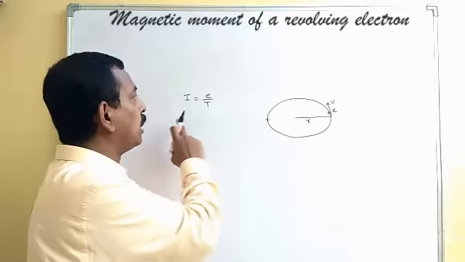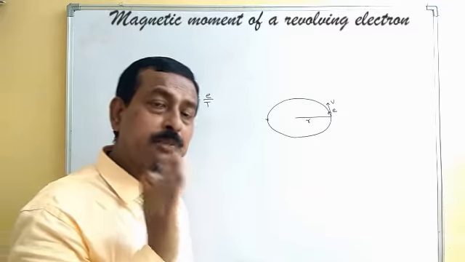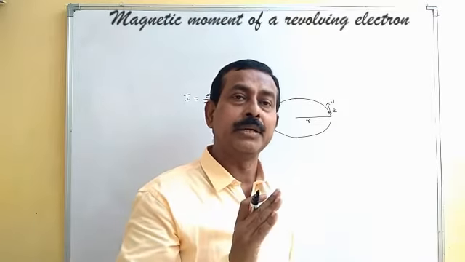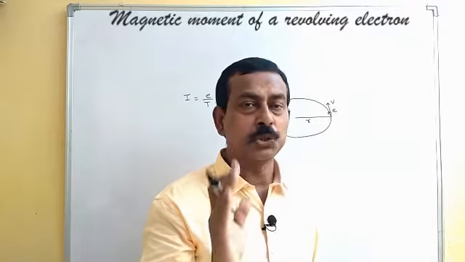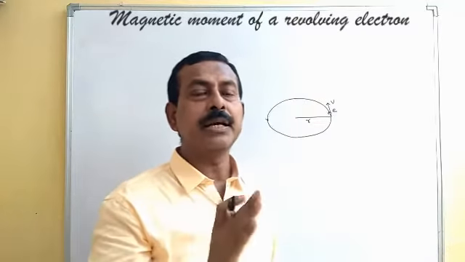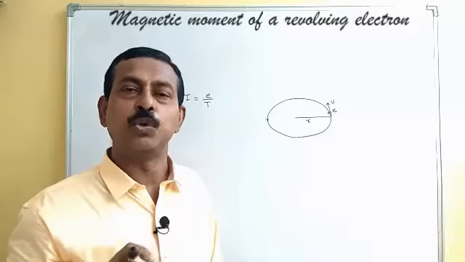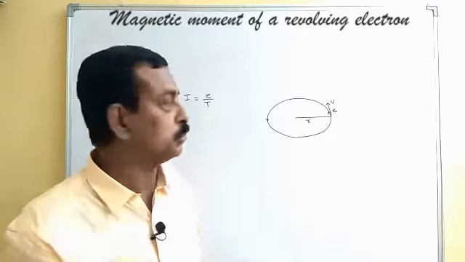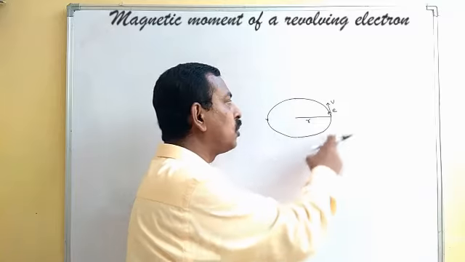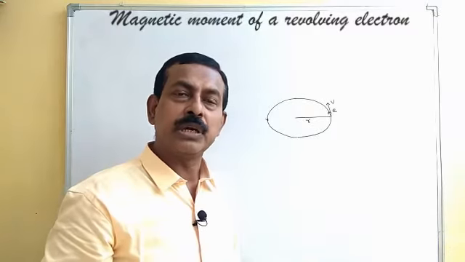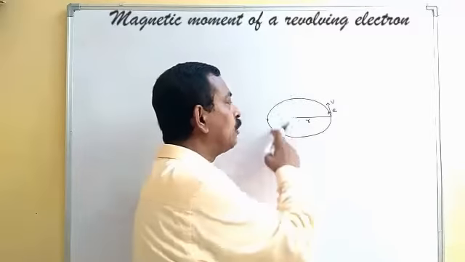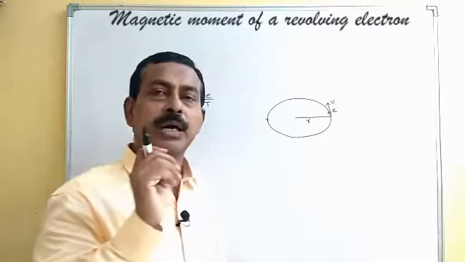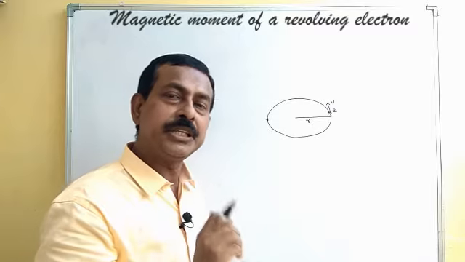Because we have taken the expression for the magnetic dipole moment associated with the current loop as I into A, which is the current and the area of the loop, that is the product of the two. Here also, when the electron is revolving around the nucleus in its orbit, it is also associating a current with it.